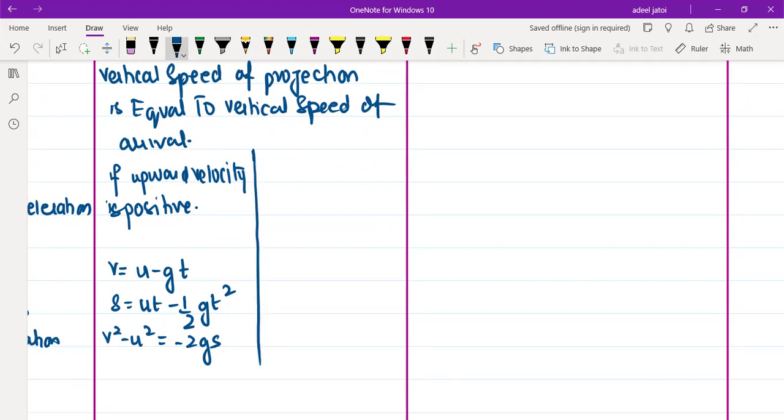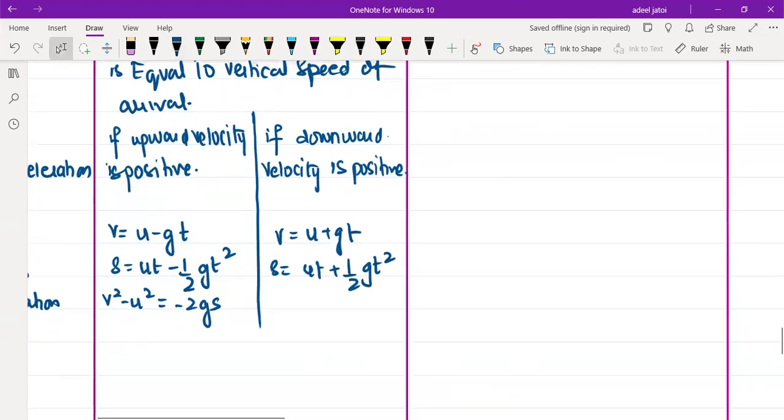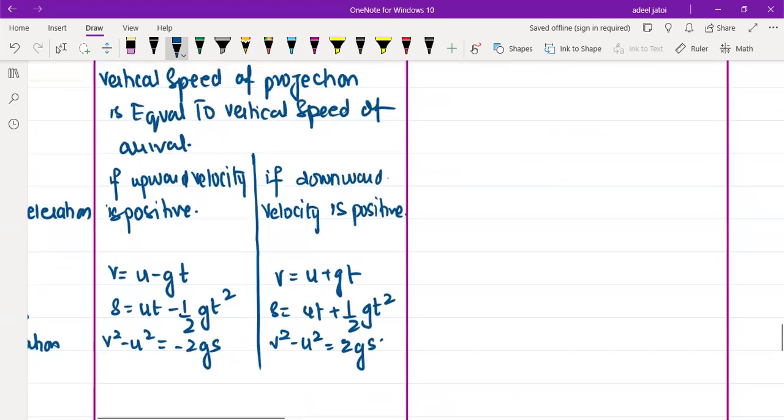Whereas if downward velocity is positive, v = u plus gt, s = ut plus half gt square, v square minus u square is equal to 2gs. So this is when the object goes downwards, and this is when the object goes upward.